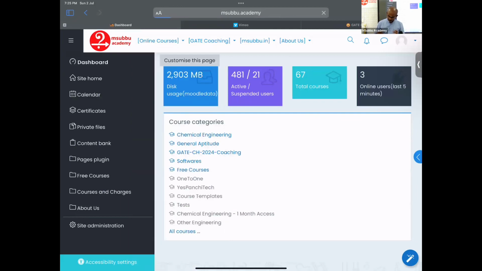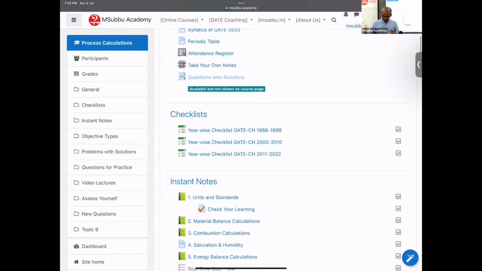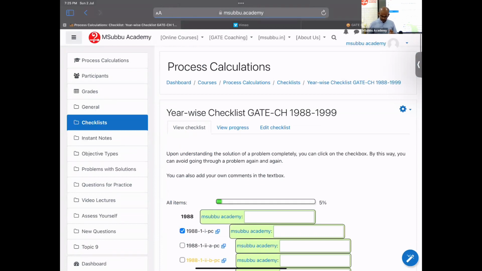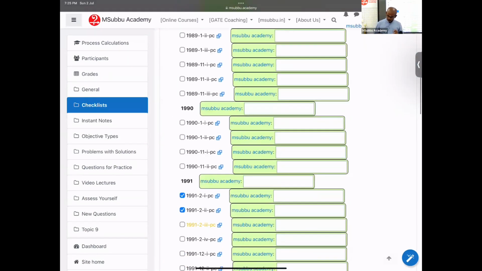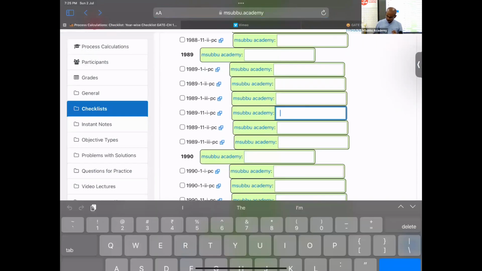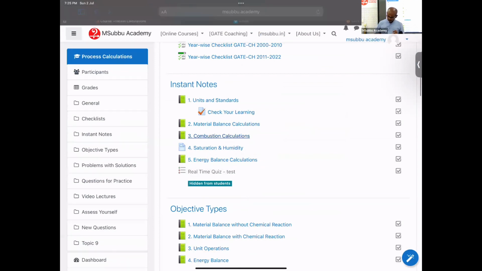Maybe this process calculation directly also. In this, I have a lot of features. Anyone who wants to check based on the year order can directly go to that question. And if you mark any specific points for that question, you can mark them and go through these notes.